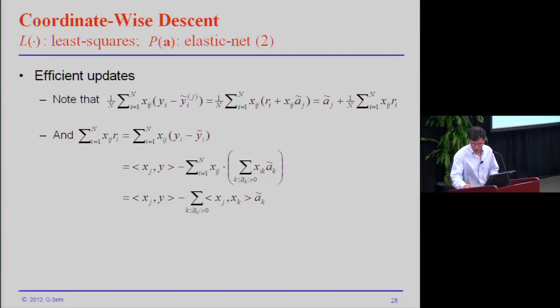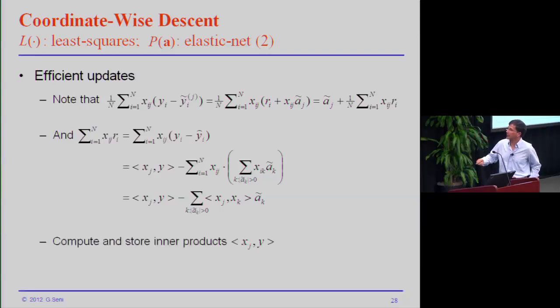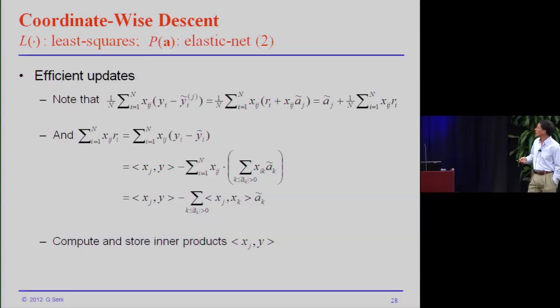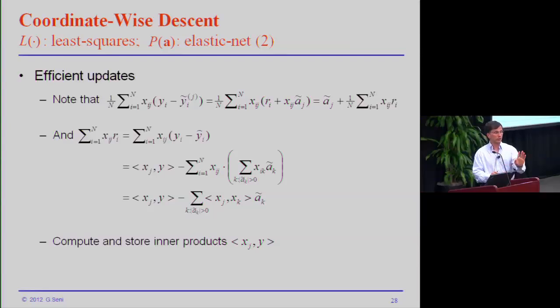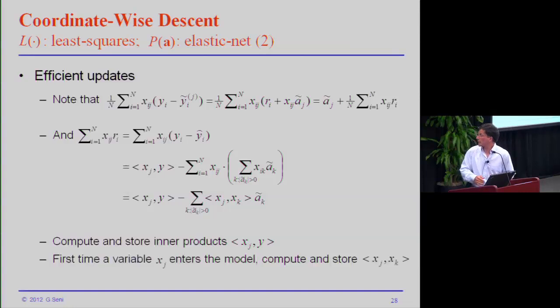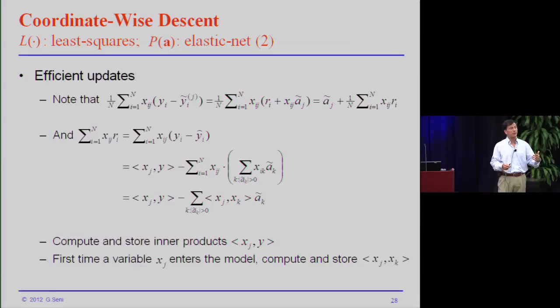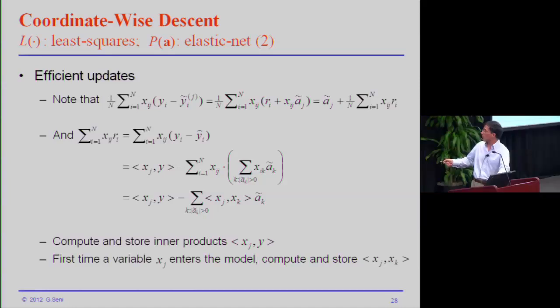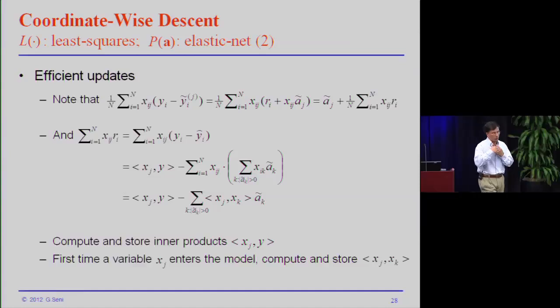And so notice what happened at the beginning of the minimization. We can pre-compute all these dot products, so the dot products of every input variable and the response, and we store them. And we can also pre-compute, the first time that a variable x sub j enters the model, namely the corresponding coefficient becomes non-zero, we compute and store all the dot products of that variable and all the other variables.